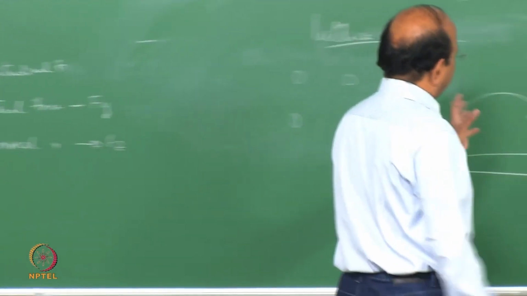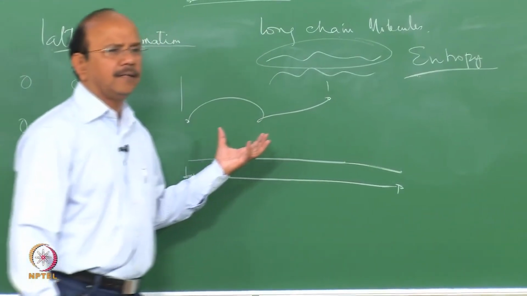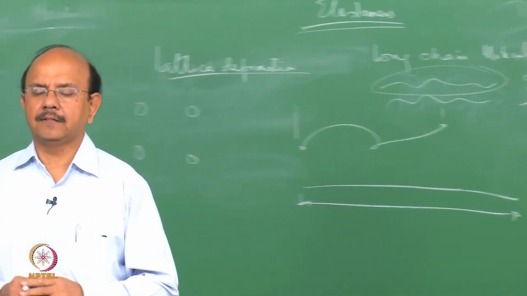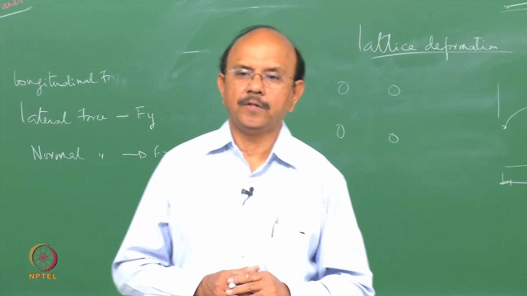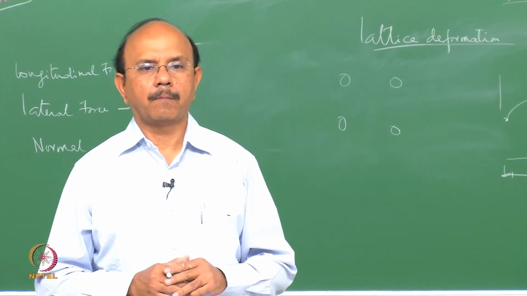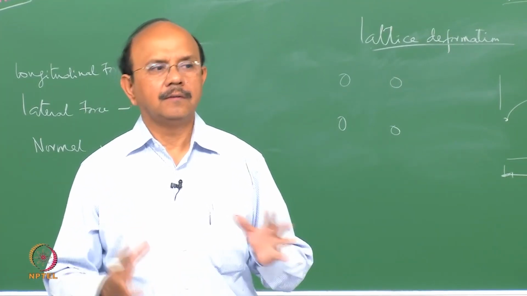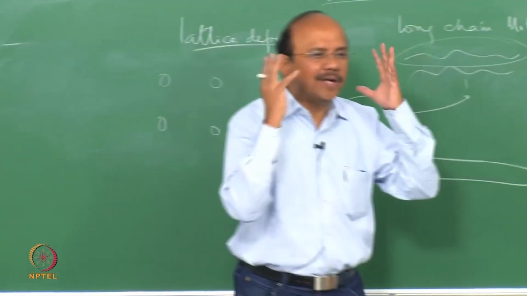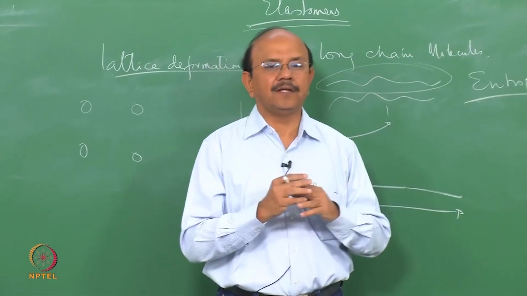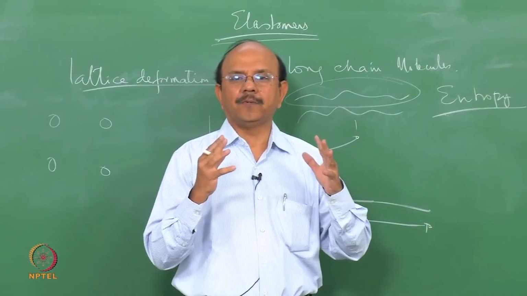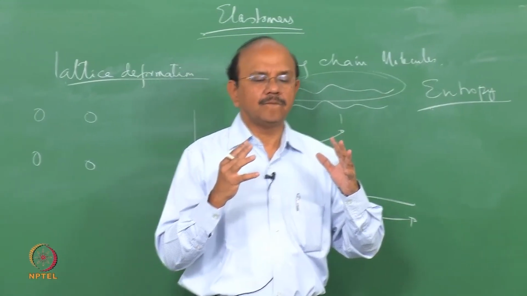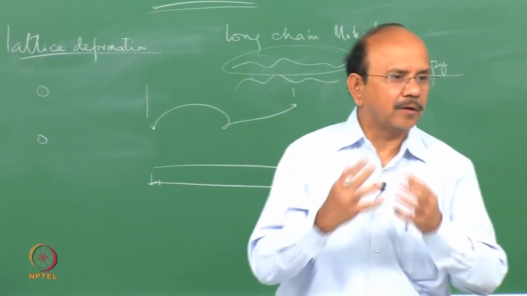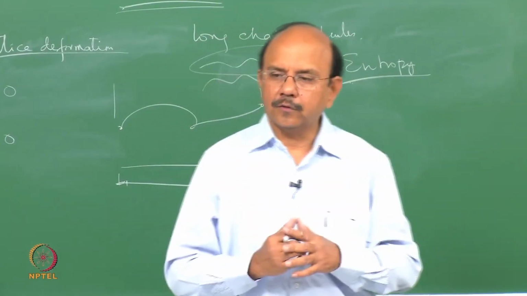Now you can imagine that the entropy, which you normally understand to be, a very simple way of understanding it is that higher entropy means there's more chaos, more disorder, and so on and so forth.